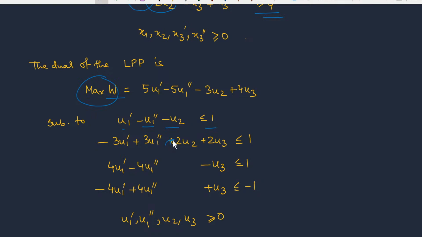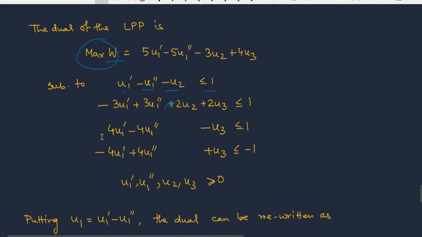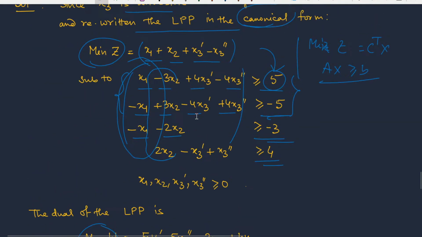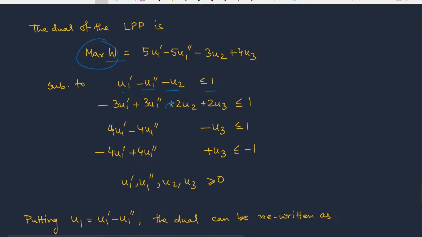This will be minus. So this is the case. And the third constraint is this one, 4 minus 4, 0, minus 1. So 4 minus 4 is 0 means u2 is absent here, and minus 1, that is u3 less equal to 1.